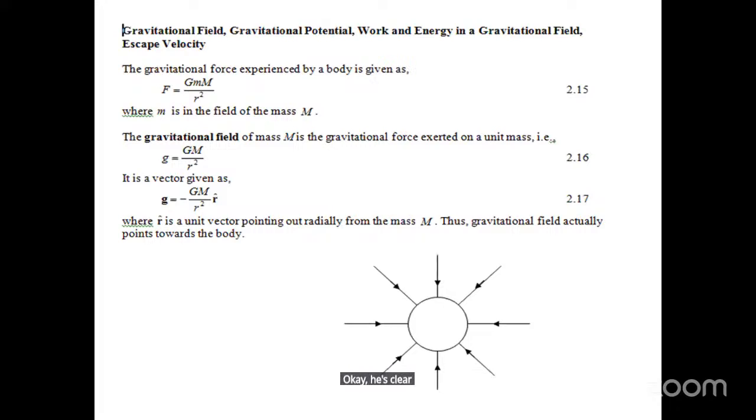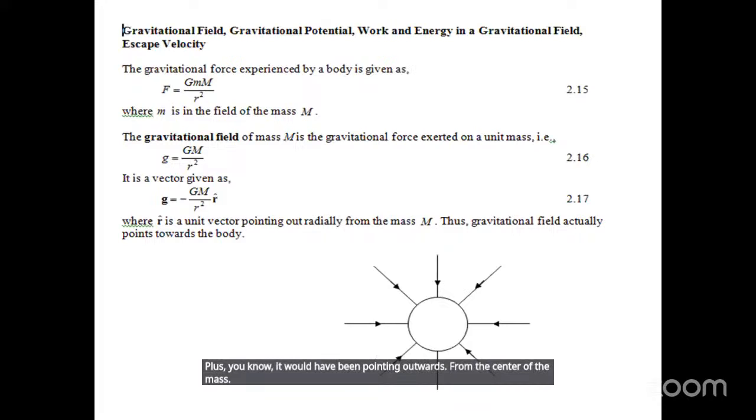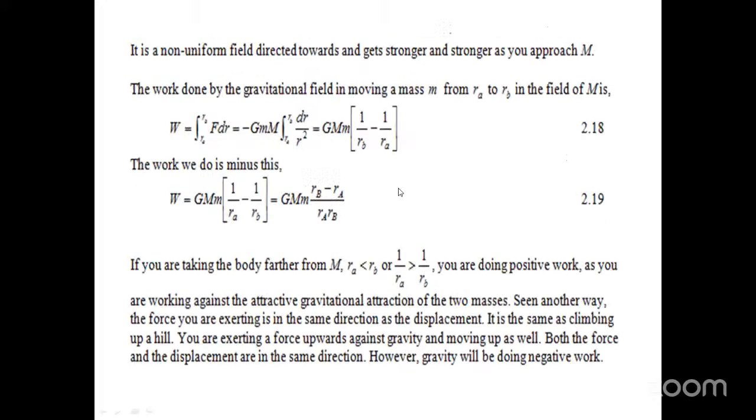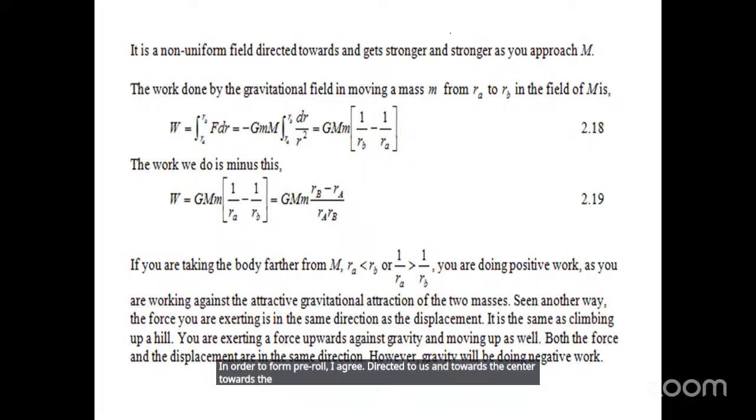It only shows direction. If it had been plus, it would have been pointing outwards from the center of the mass. It's a non-uniform field, directed towards the center, and stronger and stronger as we approach.